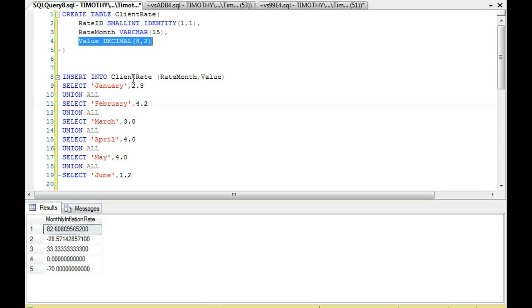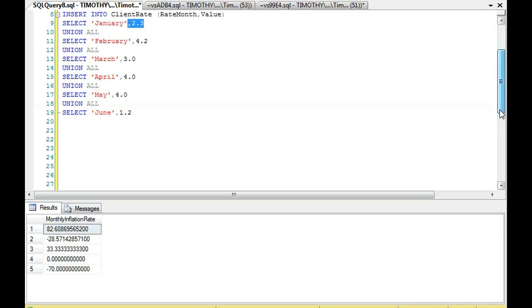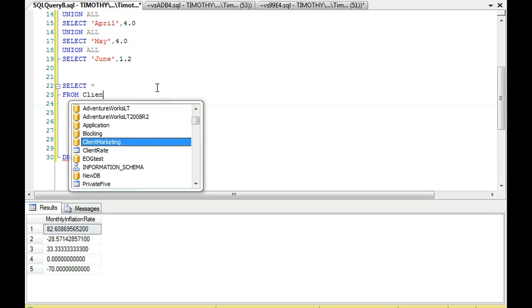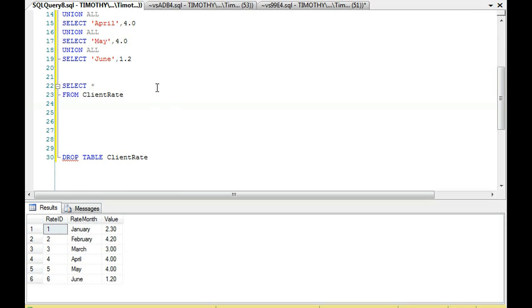So you'll see that I've inserted into this table: create the table, insert into it, and it inserts the CPI value. For instance, in January it is 2.3. Union all is kind of a fancy way of selecting multiple values. It unions those values in a table. So, just to show you what this all looks like, there we go.